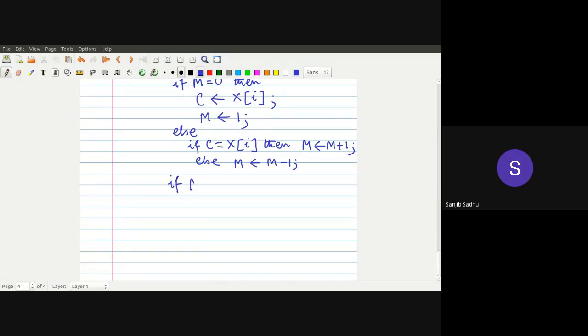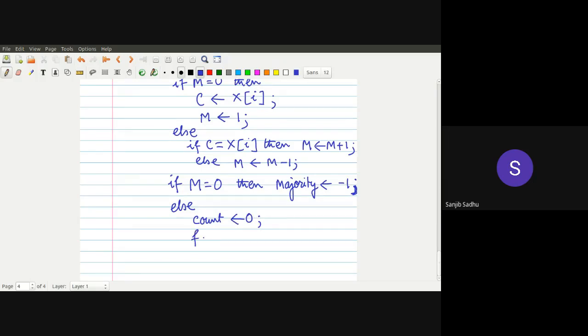If m equals 0, then majority, that I would like to return, will be -1. Sorry, I should write -1, not 1. Else, count equal to 0, meaning I need to check how many times the candidate element has occurred.